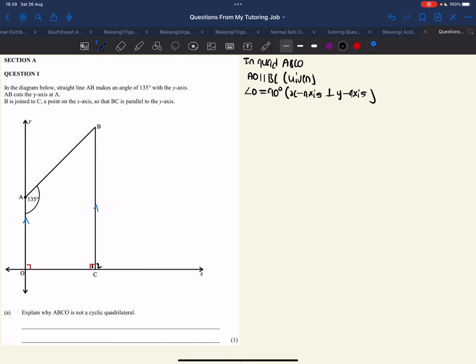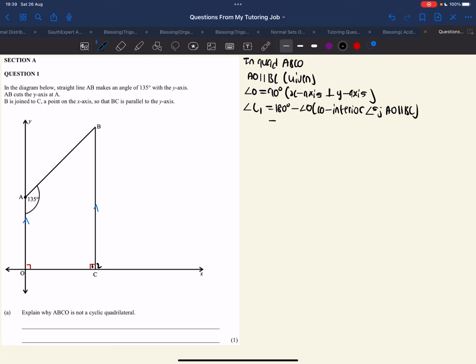Now if angle O is equal to 90 degrees, this means that angle C1 is going to be equal to 180 degrees minus angle O. Then we use co-interior angles, and we name which sides are perpendicular to each other.